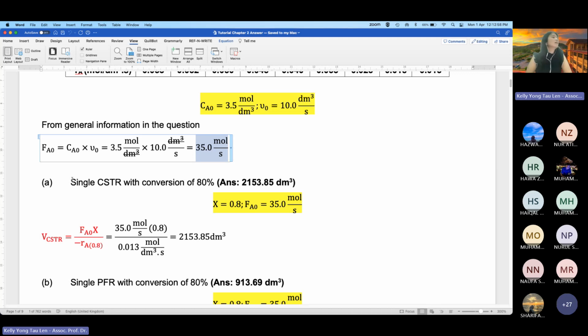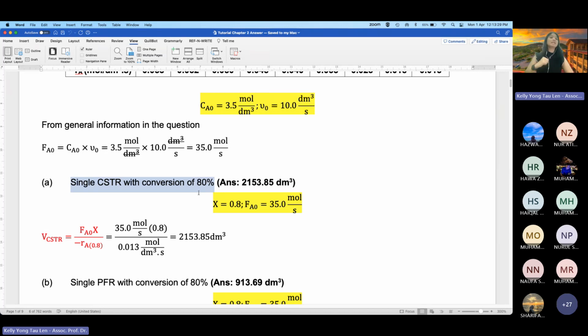Question A asks you to find the volume of a single CSTR with conversion of 80%. Again, I keep telling you, the conversion can be given to you in the form of percent or fraction. Regardless, when you are doing the calculation, the percentage must be changed into fraction.